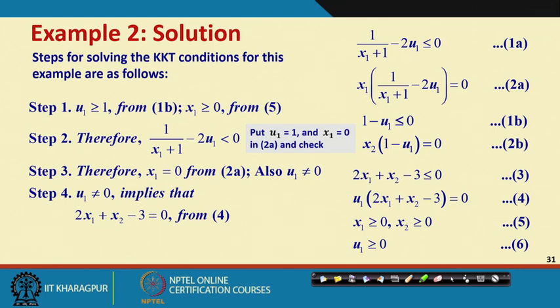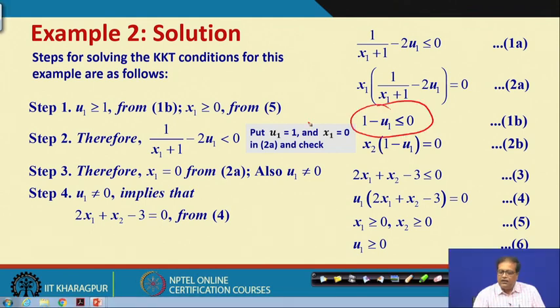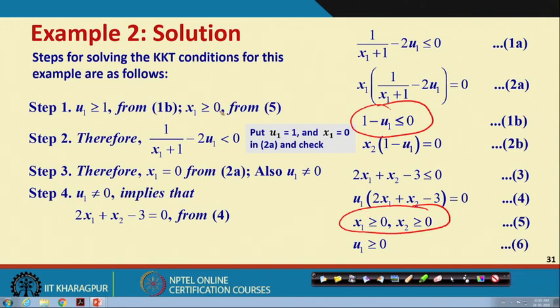So, step 1, if you look at 1b, then you see u1 should be greater than or equal to 1. And if I see number 5, x1 should be greater than or equal to 0. So, suppose I put u1 equal to 1 and x1 equal to 0 in 2a.